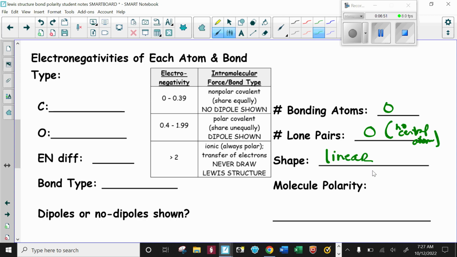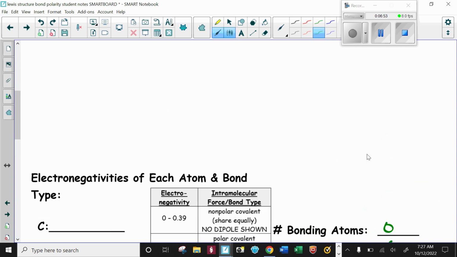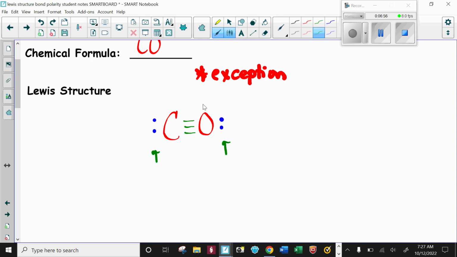Okay, linear line. And if you look up here, this is essentially just a line. It's 2 atoms that are bonded straight next to each other. So anytime you just have 2 atoms and 2 only, it's always going to be a linear shape. Now there is another type of linear shape that we'll get into a little bit later.